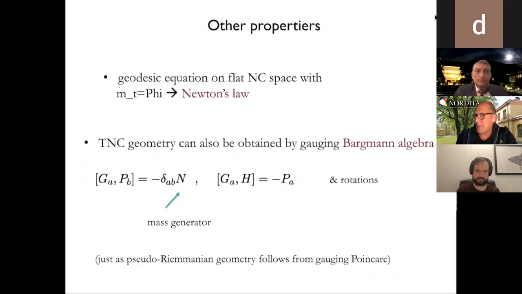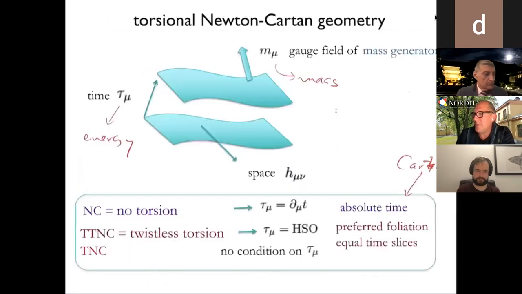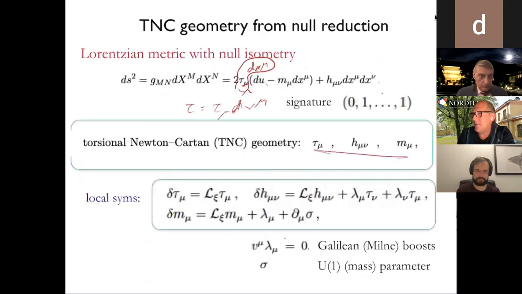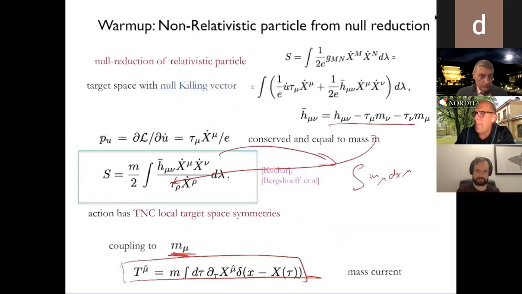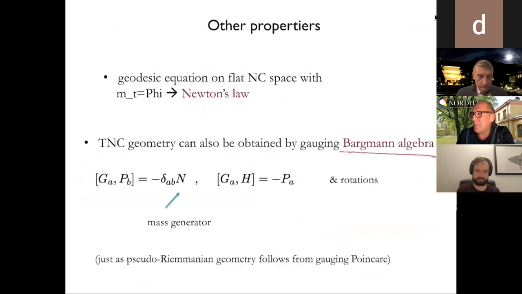What's important, and actually this was very nicely shown in a paper, I think by now 2012 or 2013, by Eric Bergshoeff and the rest of the Groningen group, is that you can actually get this TNC geometry here, and its transformation properties, by gauging the Bargmann algebra, which is the centrally extended Galilean algebra.